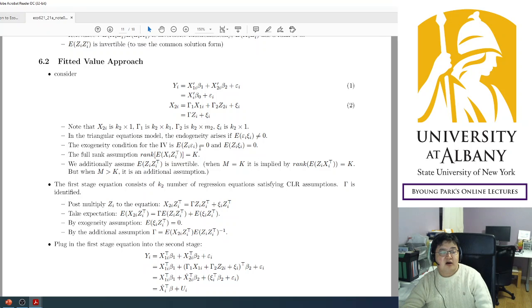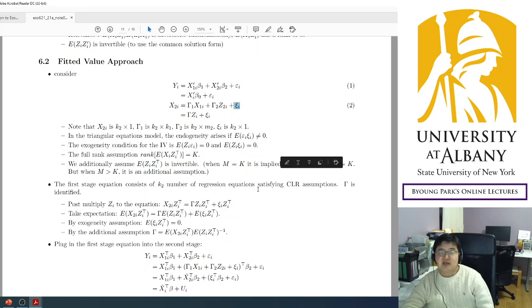And then how can you do that? First, observe that identifying gamma 1 and gamma 2, which are matrices, is straightforward. It's a linear projection, a reduced form regression. Whenever you have variables x2, x1, z2, you can calculate gamma 1 and gamma 2.